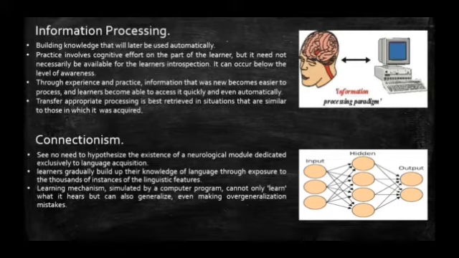Learners gradually build up their knowledge of the language through exposure to thousands of instances of the linguistic features. A learning mechanism simulated by a computer program can not only learn what it hears, but can also generalize, even making overgeneralization mistakes.